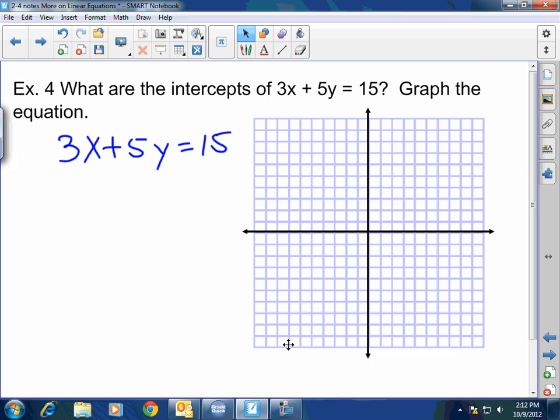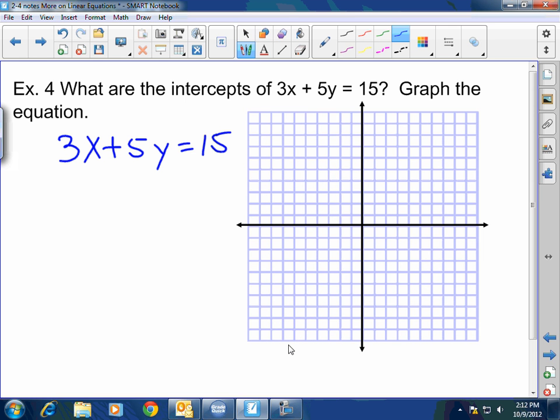Do you guys notice that the coefficients of both x and y are factors of the constant? So basically, if the coefficient of x and the coefficient of y can evenly go into the constant, you use this method, and it's called graphing by x and y intercepts.